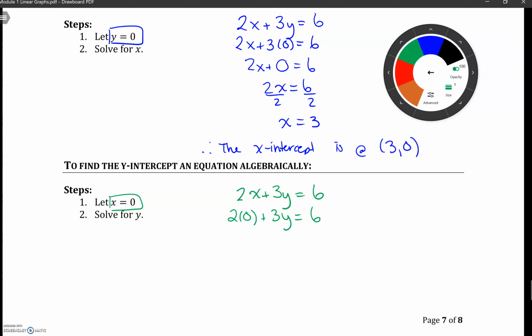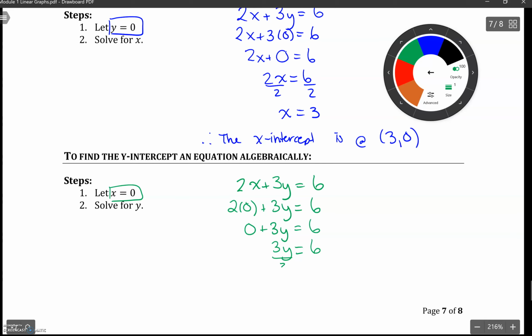Substituting in x equals 0 makes the 2x term go to 0, because 2 times 0 is 0. So the whole left side of this equation becomes just 3y. We have 3y is equal to 6. To solve for y, we divide both sides by 3, and so y is equal to 2. Therefore, the y-intercept is at the point (0, 2).